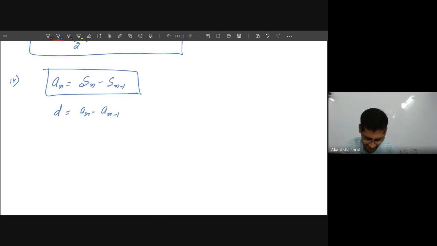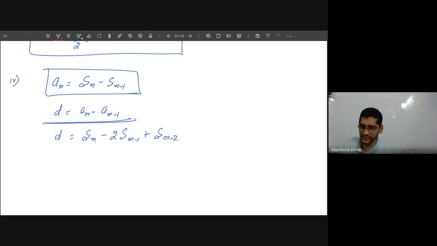So changing the suffix, this can also be calculated by Sn minus 2S(n minus 1) plus S(n minus 2). So this was the method of calculating D from the Sn. So these were the important things.